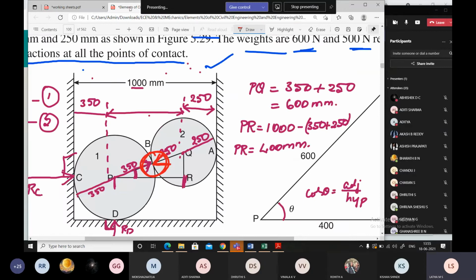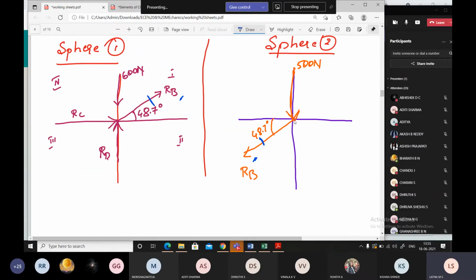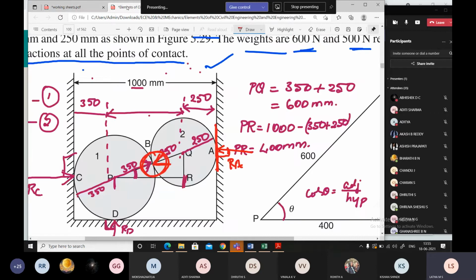What next? Any other force coming into the picture? RA, very good. You find RA perpendicular to this plane. Where should I mark RA?